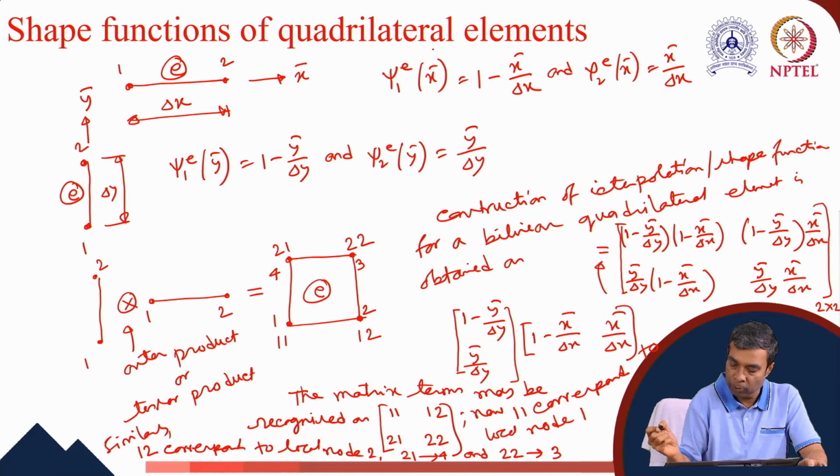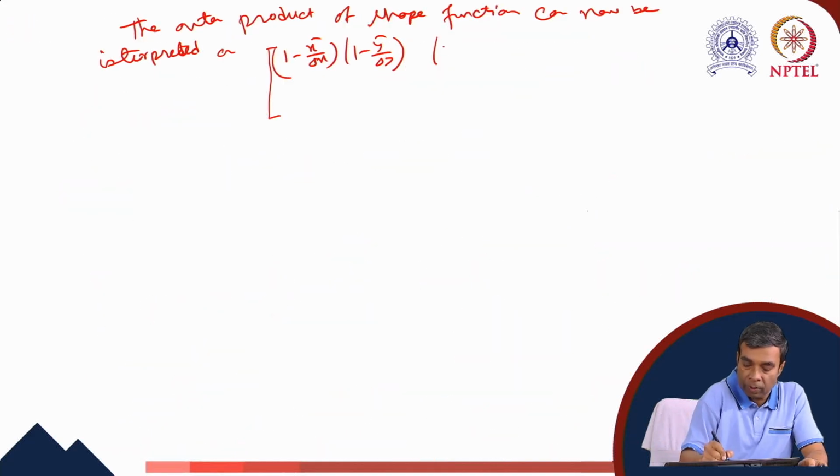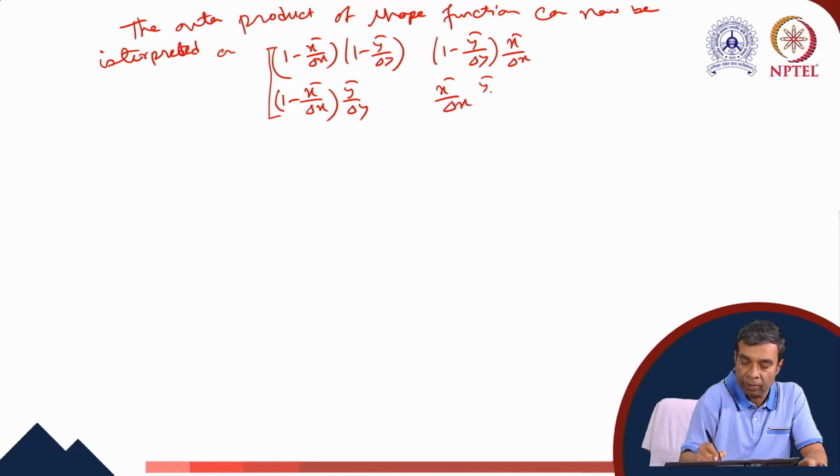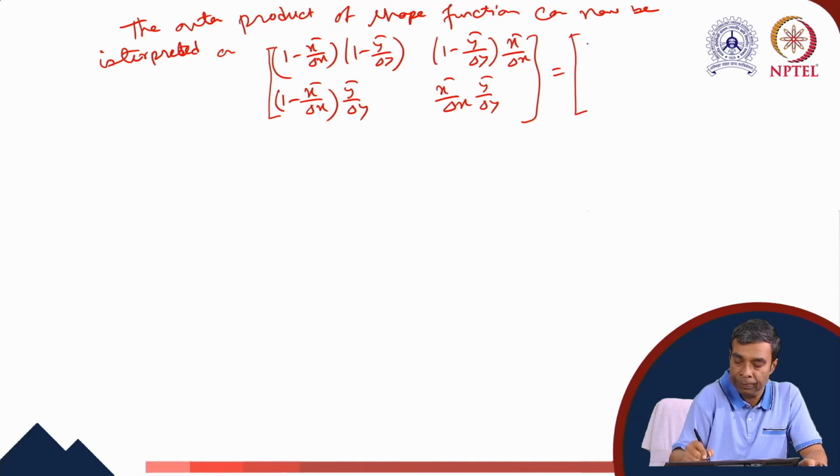The second term was 1 minus y bar by delta y into x bar by delta x, then 1 minus x bar by delta x into y bar by delta y, and x bar by delta x into y bar by delta y, equals psi 1e, psi 2e, psi 3e, psi 4e.